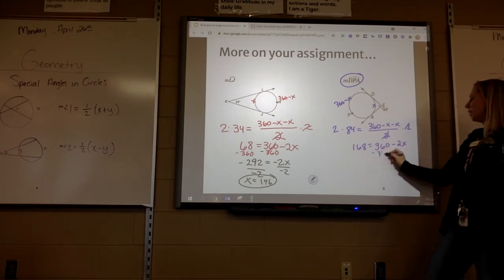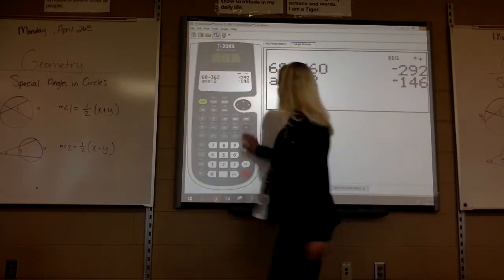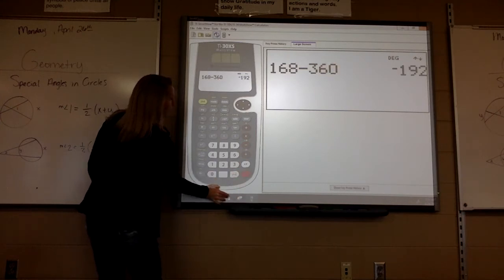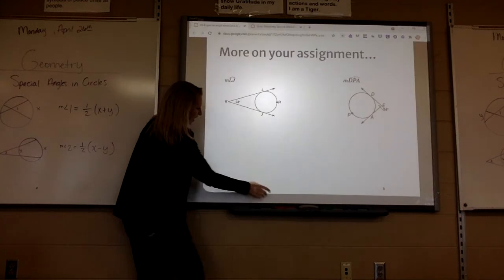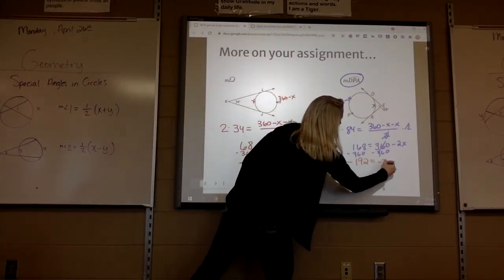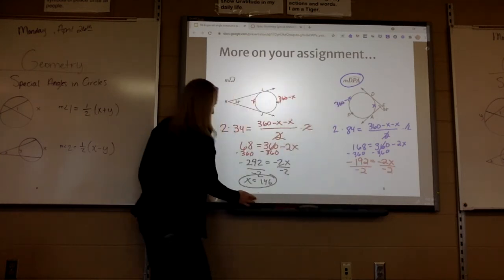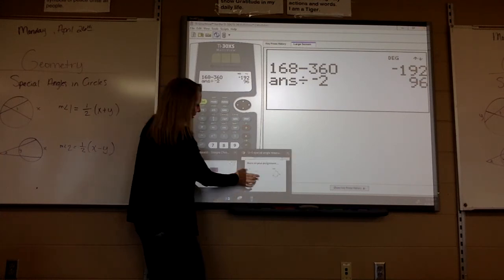You guys good so far? Minus 360. 168 minus 360 is negative 192. So negative 192 equals negative 2x. Divide by negative 2. 96.